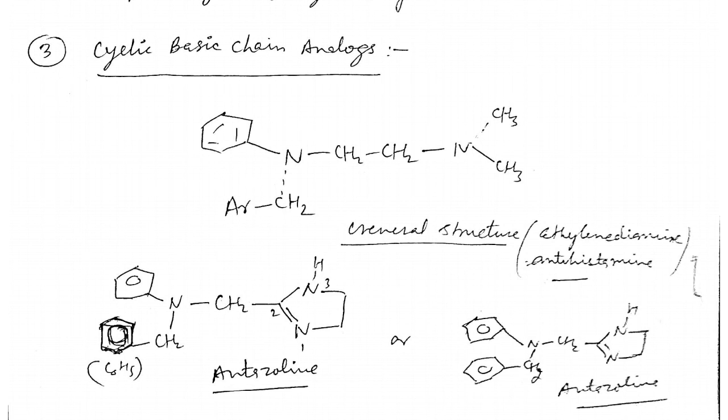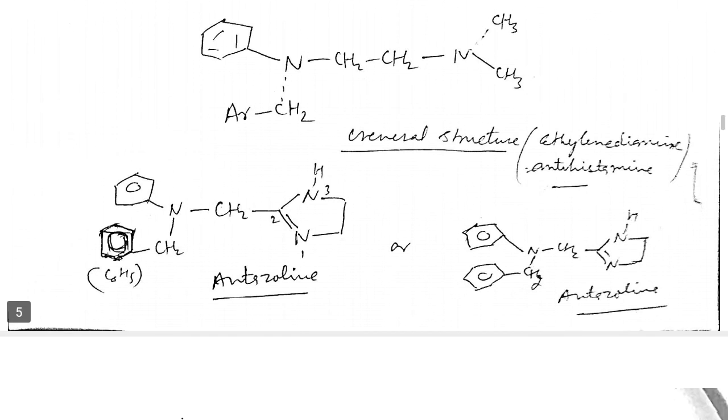It contains three cyclic rings: two phenyl groups, meaning on one nitrogen, one is a phenyl group, one is a benzyl group with a methylene group in between, and another is an imidazole nucleus. The imidazole ring is attached here, with nitrogen at the 1,3 positions. So that is called antazoline. Antazoline is the cyclic basic analog, a prototype of this class.